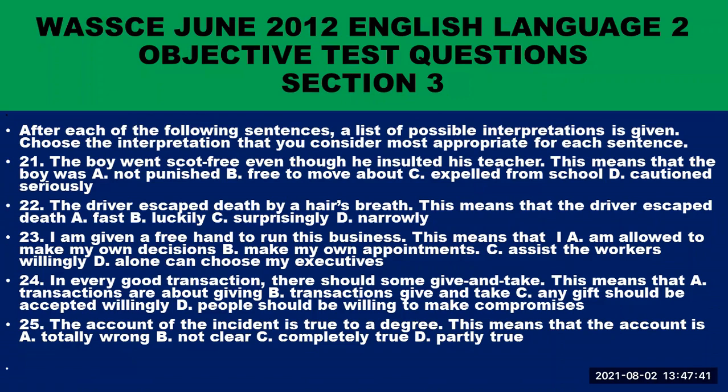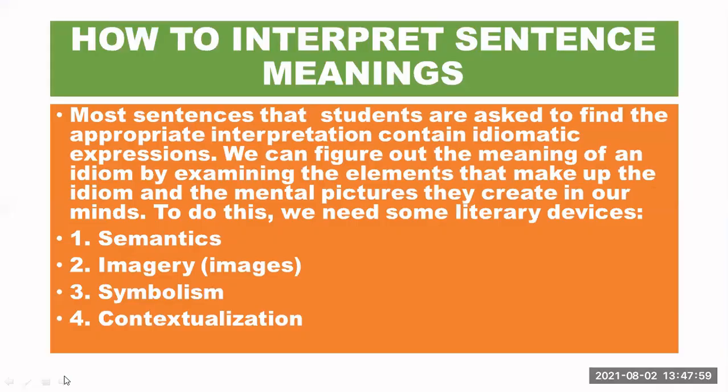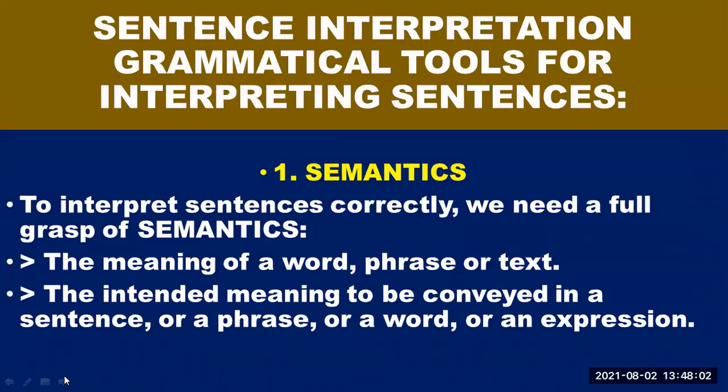Remember the various grammatical principles we introduced at the beginning of this lesson. First, we talked about sentence interpretation, which is what this section is all about. Then we talked about semantics, which of course is concerned with the meaning of words, phrases, or expressions.